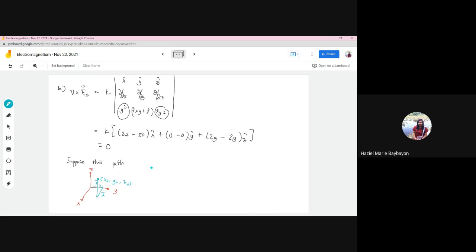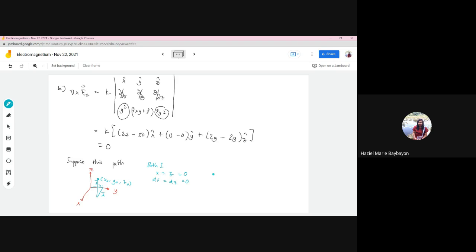So let us integrate each. For path 1, class, we integrate with respect to y. For path 1, your x is equal to z, which is equal to 0. Therefore, dx is equal to dz is equal to 0.